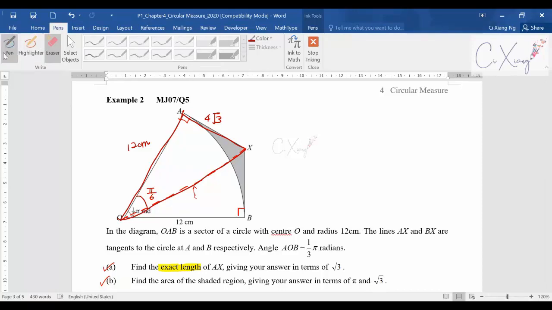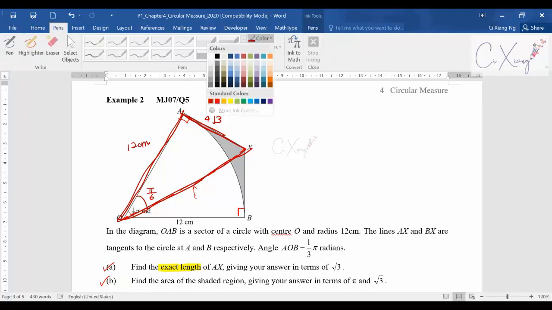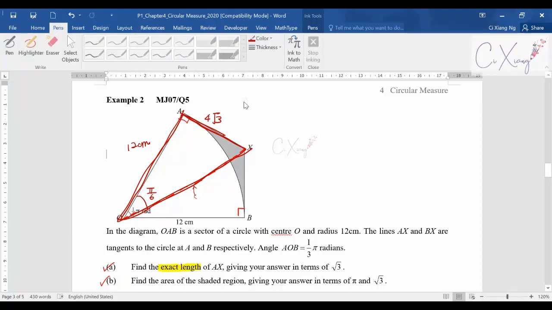So how to get the shaded region? To get the shaded region, maybe you can consider taking this right angle triangle and using it to minus the sector area. So this is a sector area in green color.